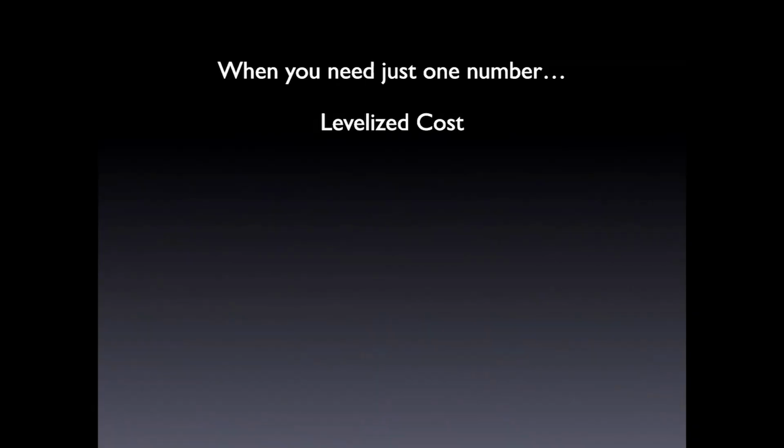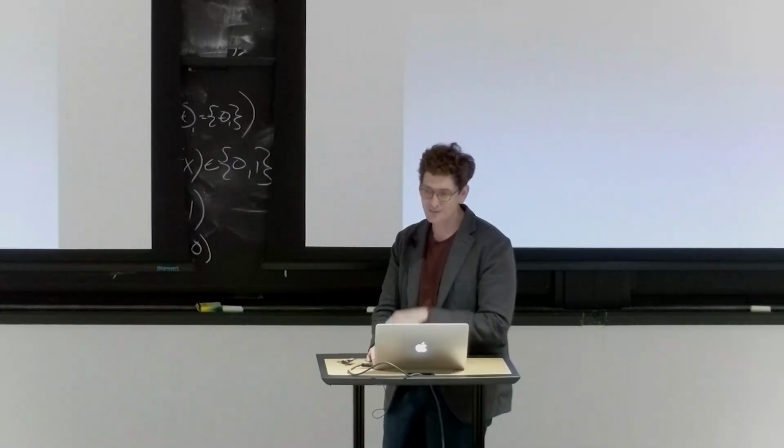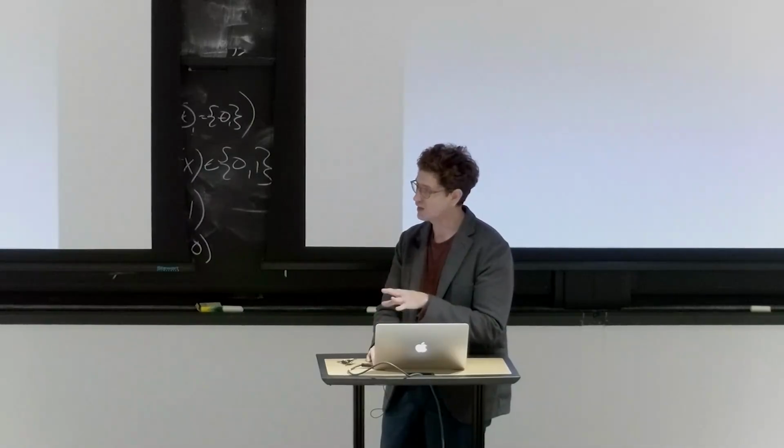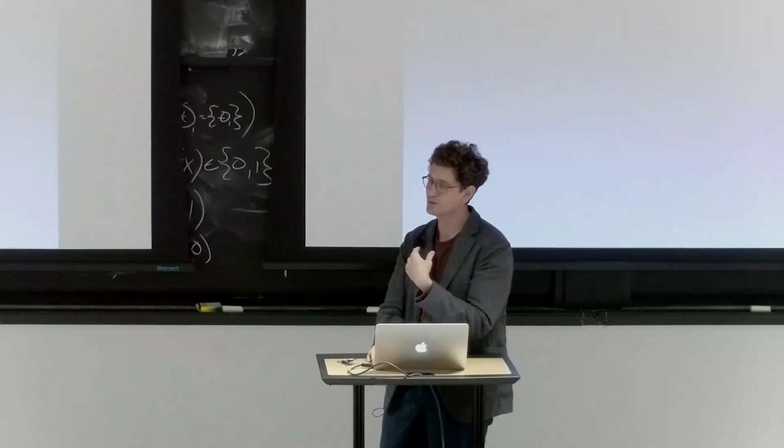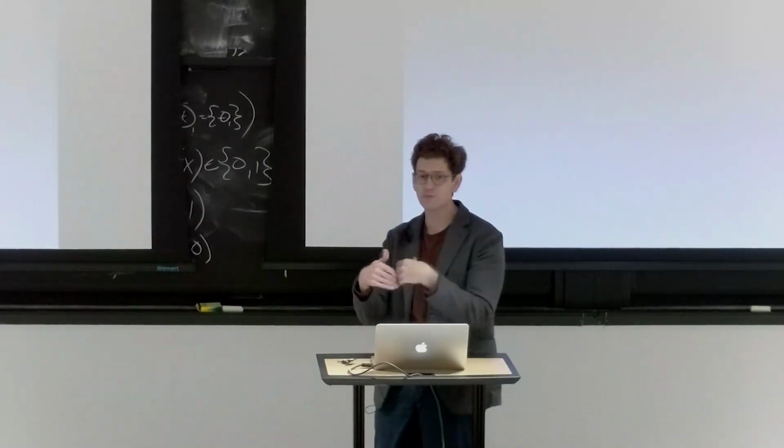Okay. I mentioned levelized costs, and so now I'm going to finally tell you what it is. It's a reasonable metric to talk about where technologies are on the margin.